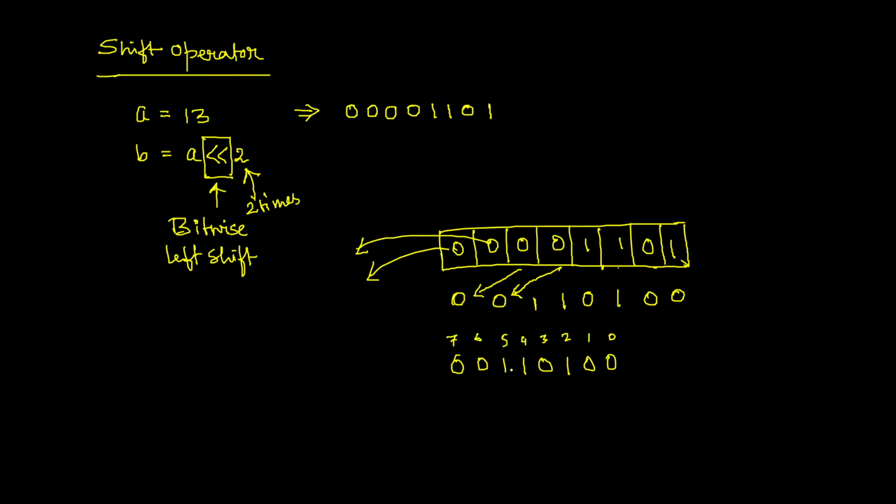So this is 1 into 2 to the power 5, which means 32 plus 16, that means 48. 48 plus 4 means 52. So this is equal to 52 in decimal. So if you print this variable b, it will produce output 52.